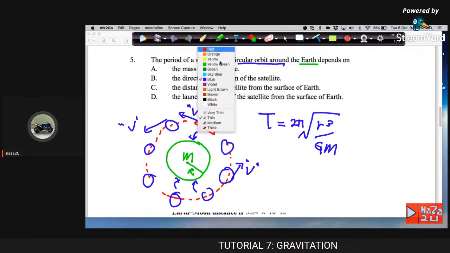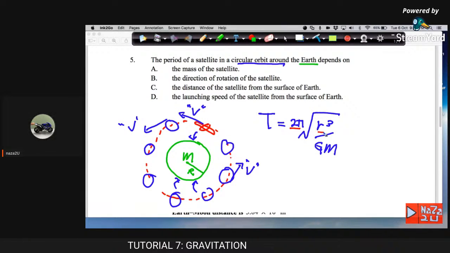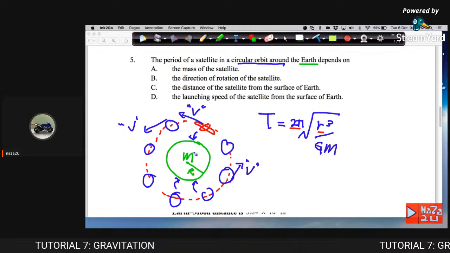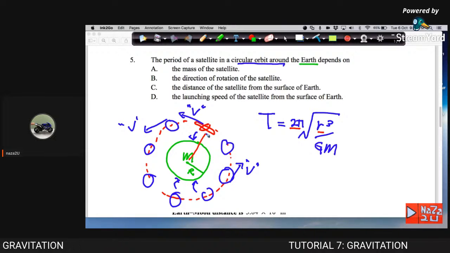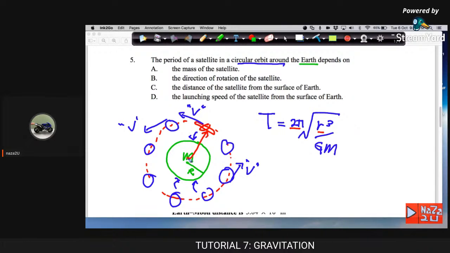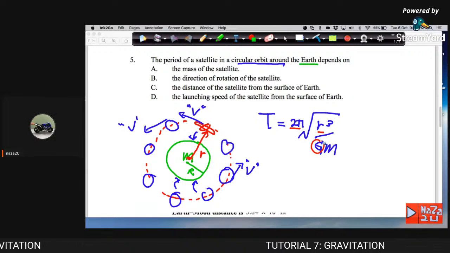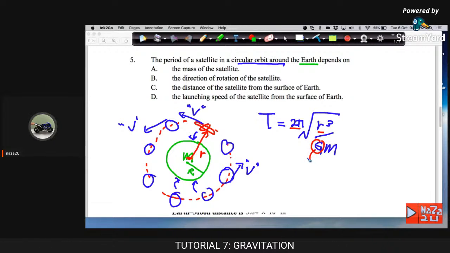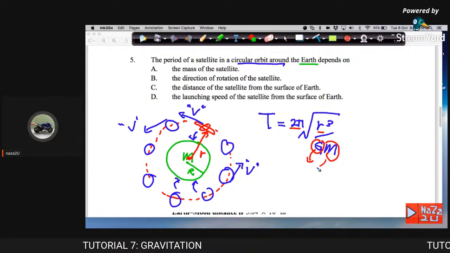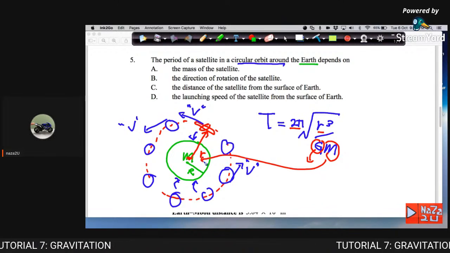So this is 2 pi is a constant and R is radius. This is the satellite. So this is the distance from the satellite to the center of the Earth. So this is R and the G is constant, pemalar kegravitian semesta. Also mass here is mass of the Earth, also constant.